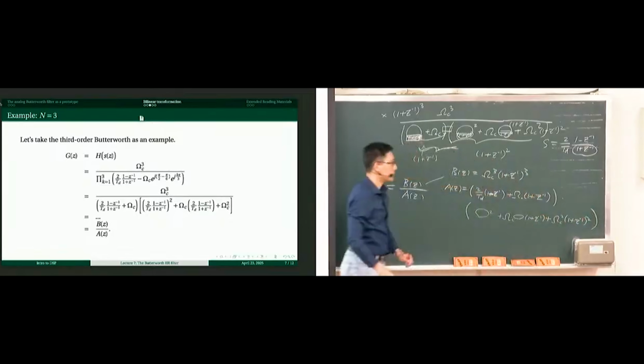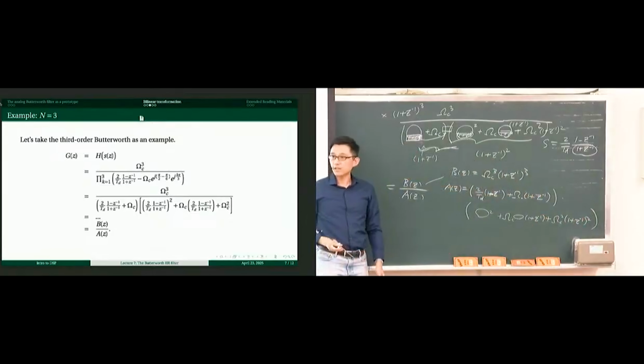So that's A of z. We happy? Yes or no? So I said this is pretty tedious. That's why we need MATLAB or Python or any library, okay? But theoretically, you can just complete this calculation.